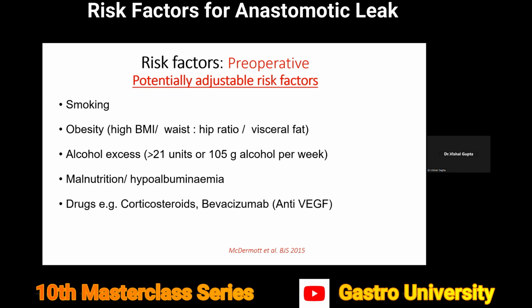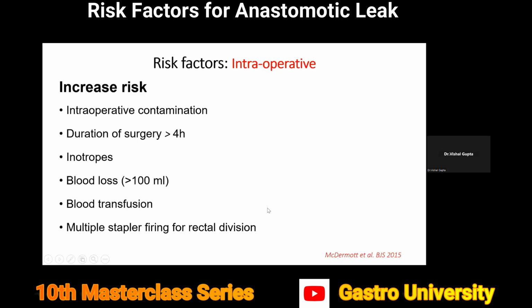Then, as already mentioned in the last lecture by Dr. Kale, certain immunosuppressant drugs or antiangiogenic medicines like bevacizumab are all associated with a high risk of anastomotic leak. But these are adjustable risk factors. For bevacizumab, it is recommended to stop it at least 4 weeks before the surgery and restart it after 4 weeks to minimize the effect of the drug on anastomotic healing.